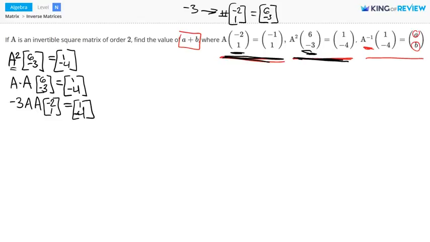So again, if we multiply negative 3 times this matrix, you end up with this matrix, 6, negative 3. Now remember here that A times matrix negative 2, 1 equals matrix negative 1, 1 here.